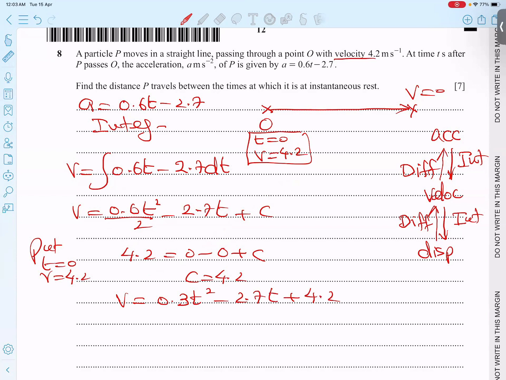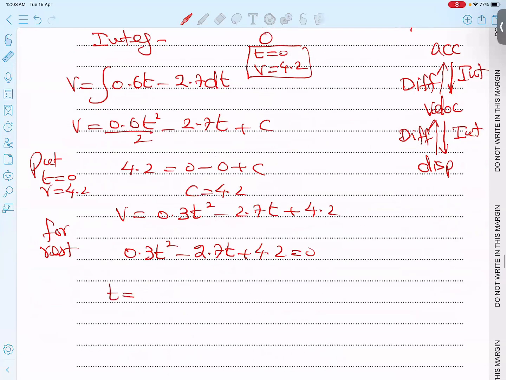That is the velocity expression. But now I will plug in velocity 0, because for rest or for stops, I must plug in velocity 0. So 0.3t squared negative 2.7t plus 4.2 is equal to 0.